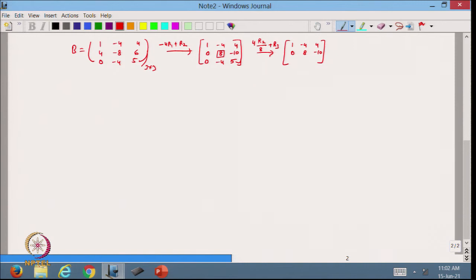Because I will divide by 8, so it will be 1 and then multiply by 4 and then add. So, this will make it 0, this will also make it 0, because basically I am dividing by 2 here. So, if I divide by 2 here, it will be minus 5 plus 5, so that will be 0. Okay, so this is A equal to U, the echelon form, the row echelon form.